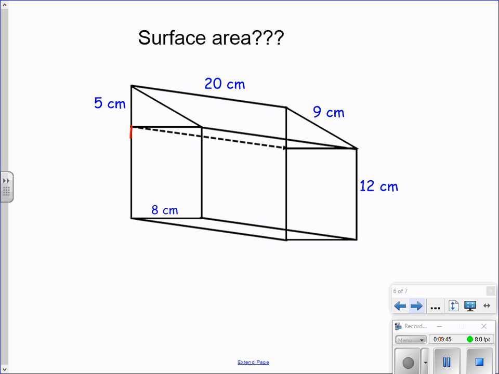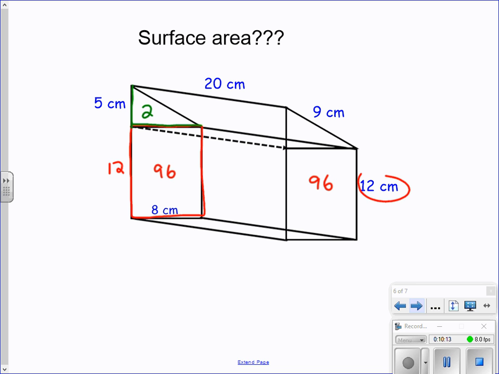First, let's deal with this rectangle right here at the front. It is 12 times 8, which is 96. This back one is also 96. I'm going to find this little triangle next, which is 5 by 8 divided by 2. 5 times 8 is 40.